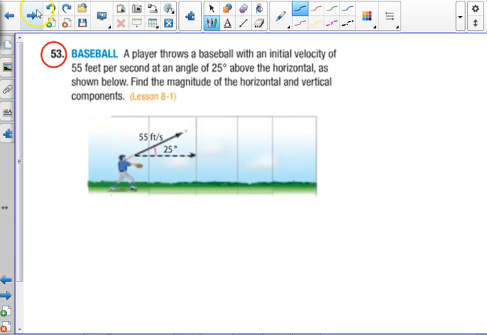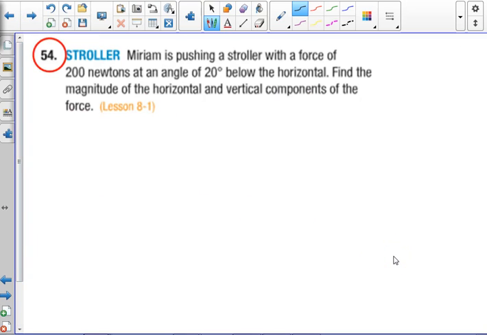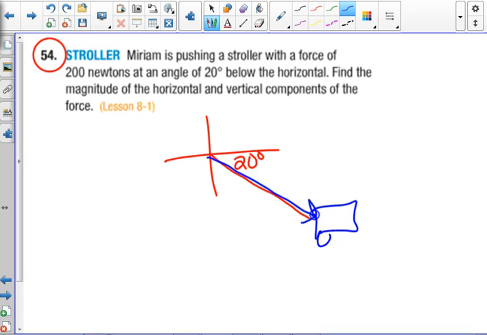Number 54. Miriam's pushing a stroller with a force of 200 newtons at an angle of 20 degrees below the horizontal. Okay. Below the horizontal is like this, 20 degrees. Does it make sense that this might be how she would be pushing a stroller? Baby. Okay. That makes sense that she's pushing like that, kind of? Okay. She's pushing with a force of 200 newtons.